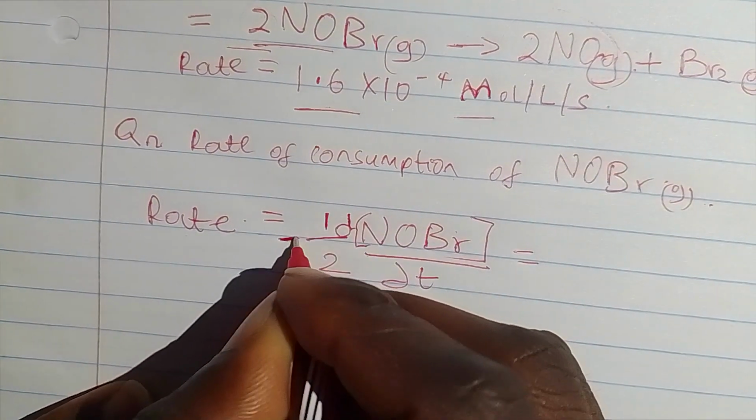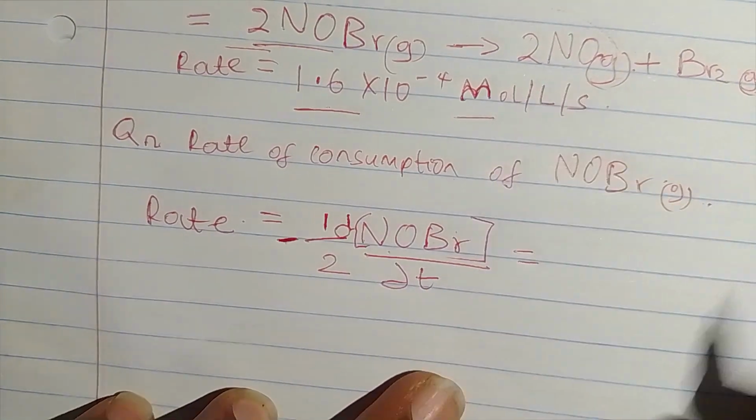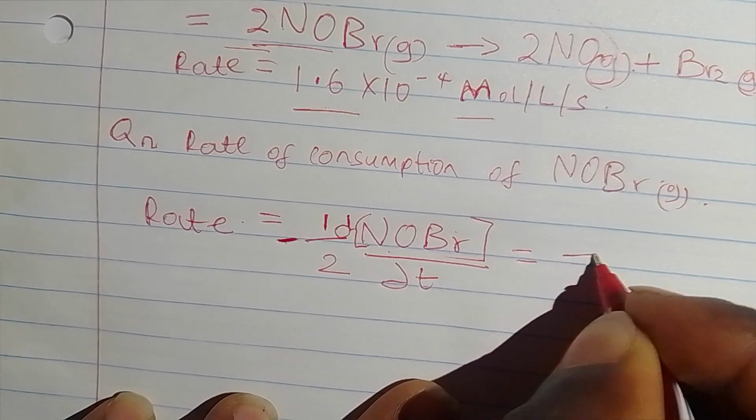Since this is the rate of consumption, it will be decreasing, so it will be a negative. The rate of formation of NO will be positive, so it will be a half.